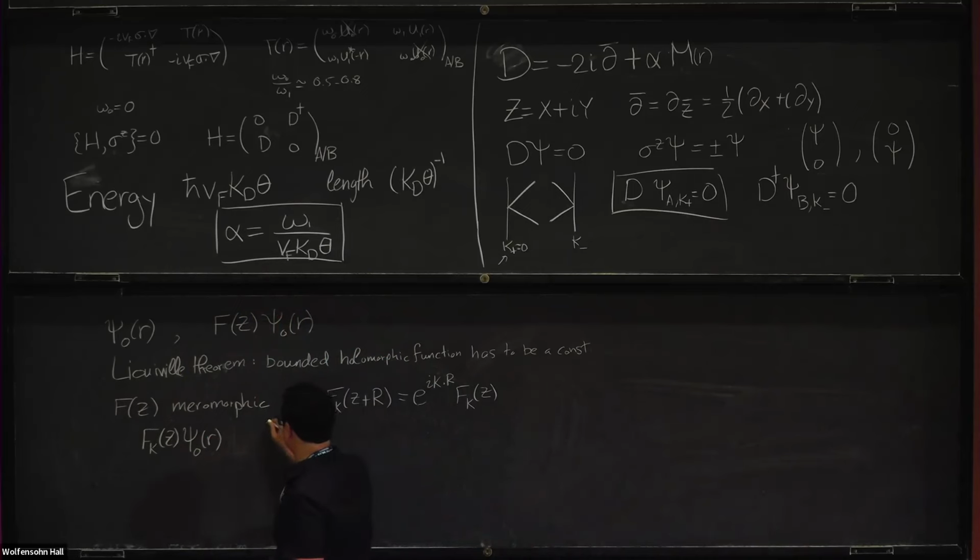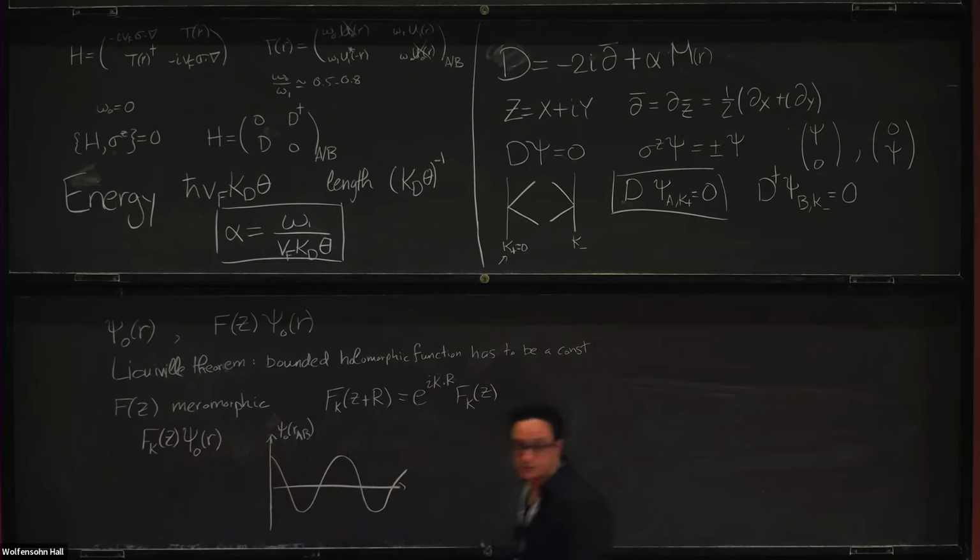So if we look at the value of this psi 0 at this special point RAB, we see that it goes through a sequence of zeros as I change alpha.